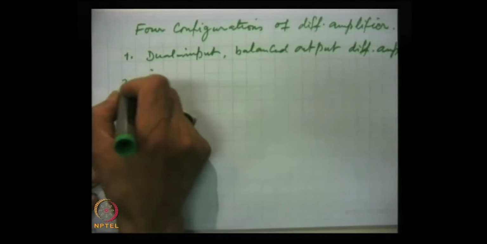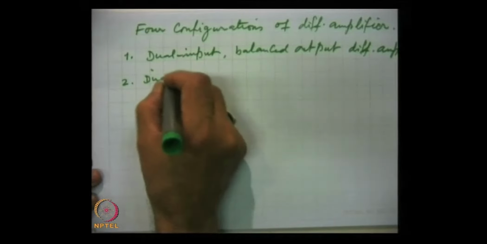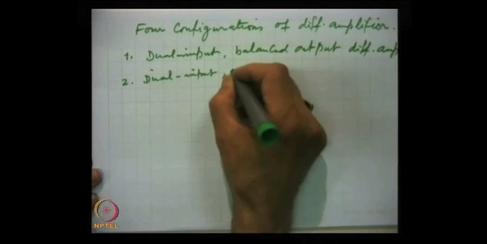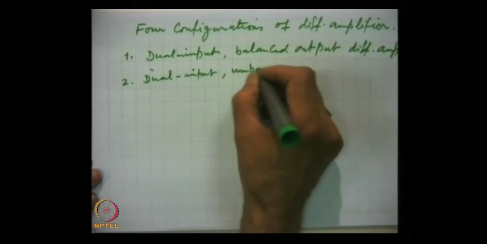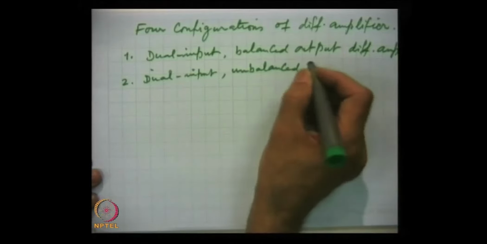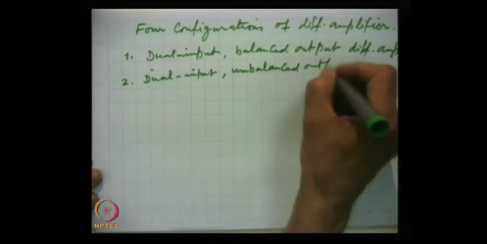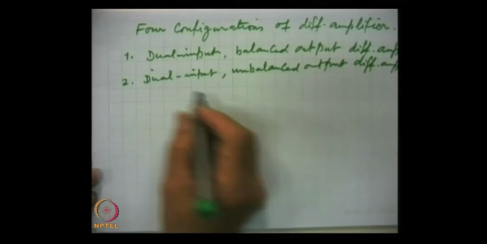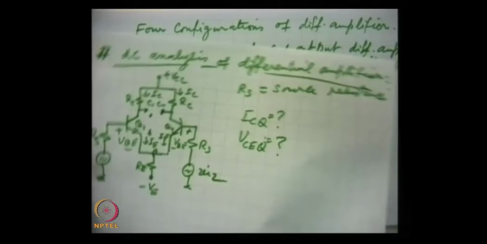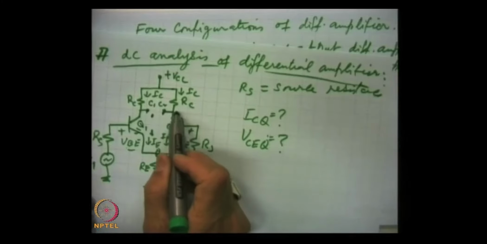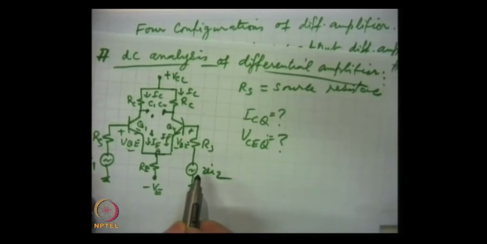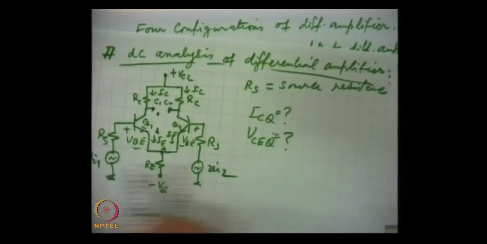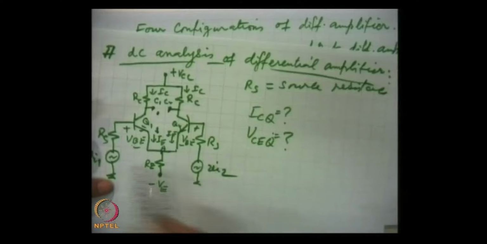Then we have the dual input unbalanced output differential amplifier. Here the output we take from this collector with respect to ground, and we are using two input signals.